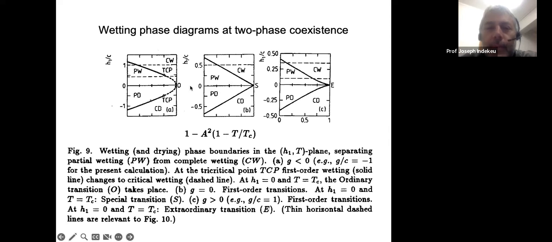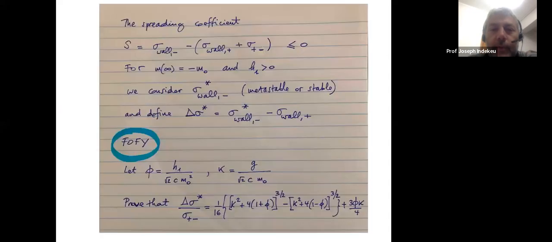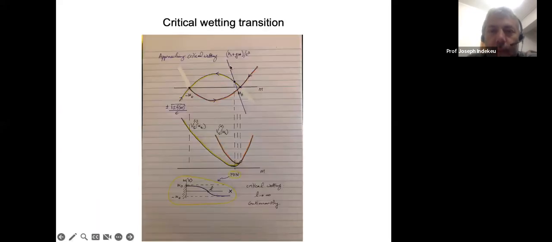And for negative enhancement, for G negative, we have 2 possibilities, first order wetting, the solid line here, or the dashed line, which is the critical wetting transition, which I discussed. So for negative G, it means when you have a slope of your boundary condition line that goes like this, you encounter the possibility of critical wetting. And as you go towards the critical point, this point moves to the left, and this point moves to the right. This line we leave unchanged.